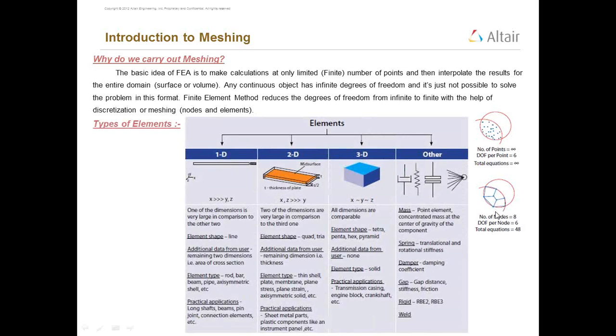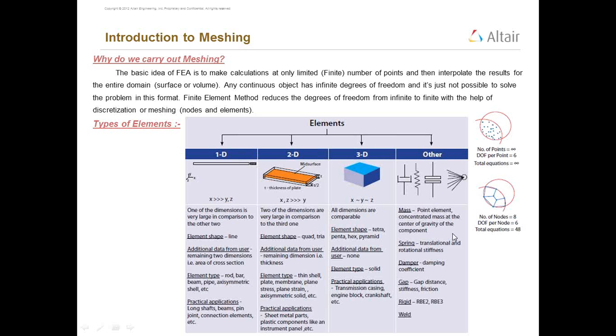Then we move to the next, that is types of element. There are different types of elements available, starting from 1D. We define 1D as one of the dimensions being very large in comparison to the other two. In 1D, the element shape is a line. The additional data required from the user is the remaining 2 dimensions, that is the area of cross section.